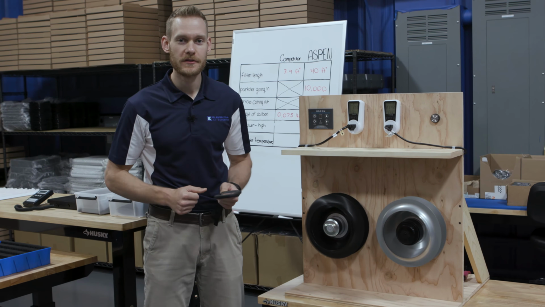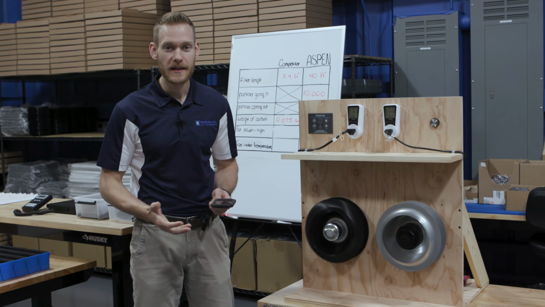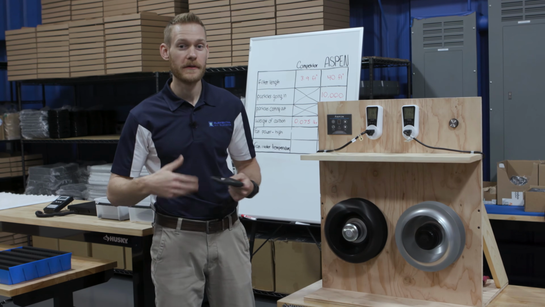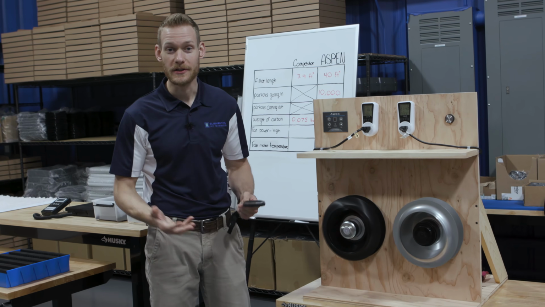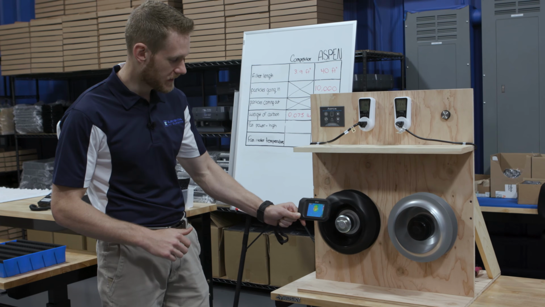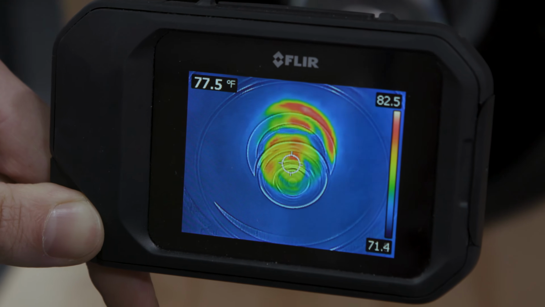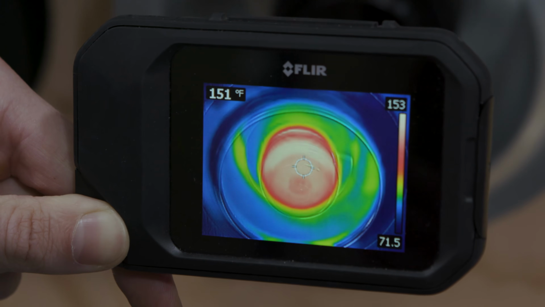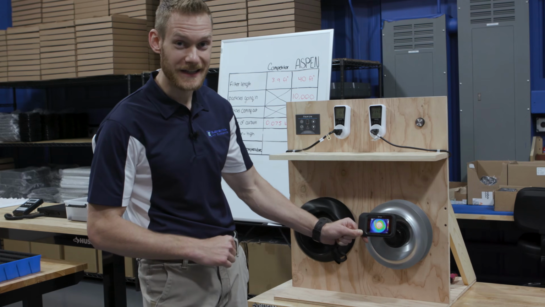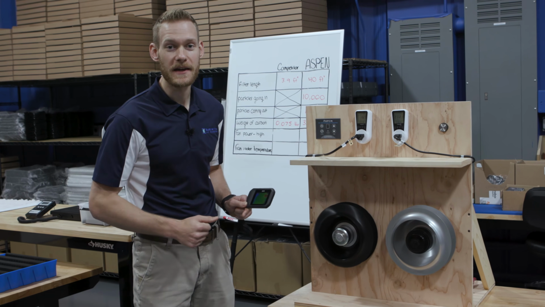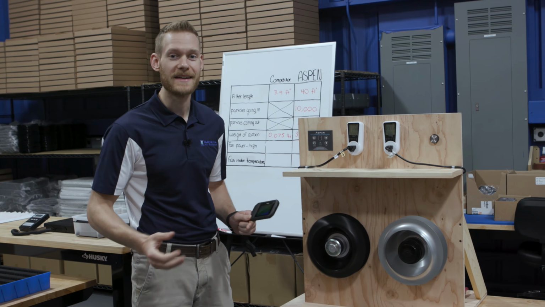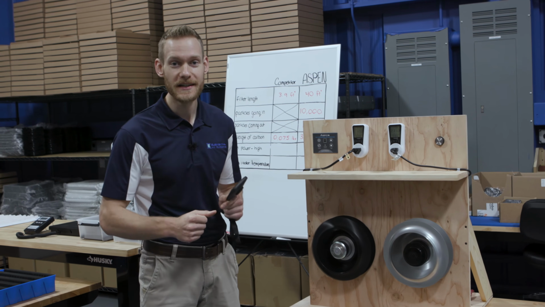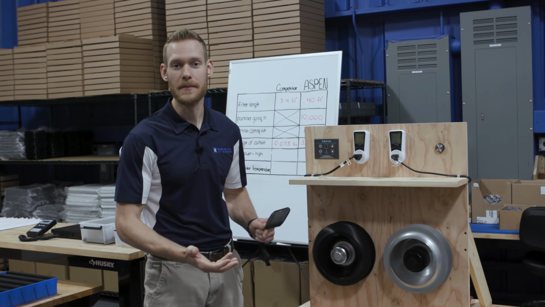So if the AC fan is using a lot more electricity, that electricity is not being converted into usable work in terms of spinning the fan, it's being converted into heat. Here's Aspen's EC fan, 77, 78 degrees, just under 78 degrees. The AC fan is over 150 degrees. So since Aspen's EC fan runs a lot cooler, it's gonna last a lot longer. And since it uses so much less electricity, it's gonna cost a lot less to operate.